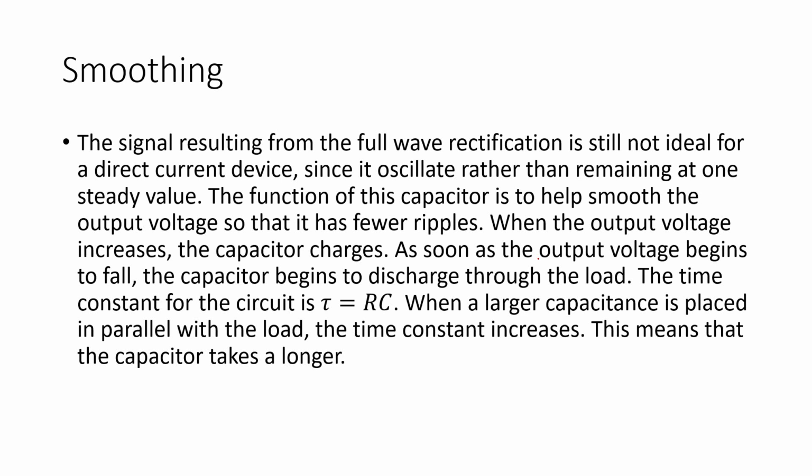Now, a very important thing about capacitors: they have what we call a time constant. A time constant for a capacitor has to do with the amount of charge, or voltage, remaining at a particular point.